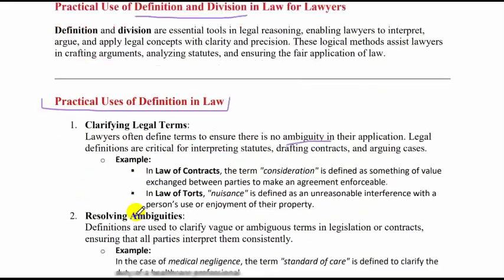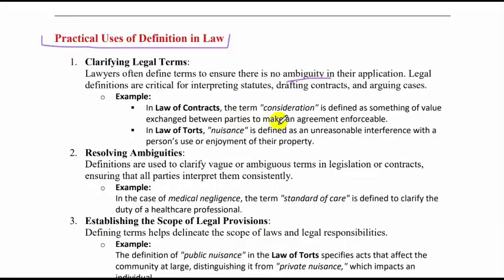Example: in the law of contracts, the term consideration is defined as something of value exchanged between parties to make an agreement enforceable. In the law of torts, nuisance is defined as an unreasonable interference with a person's use or enjoyment of their property.